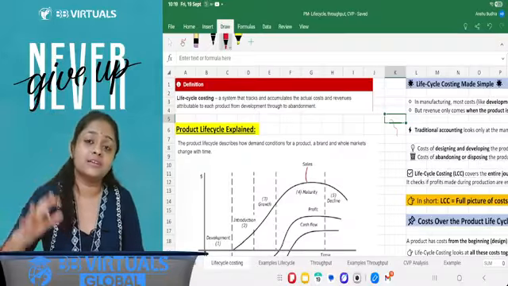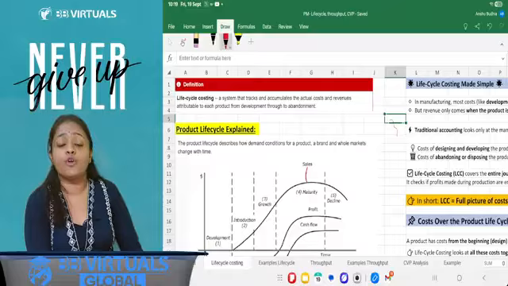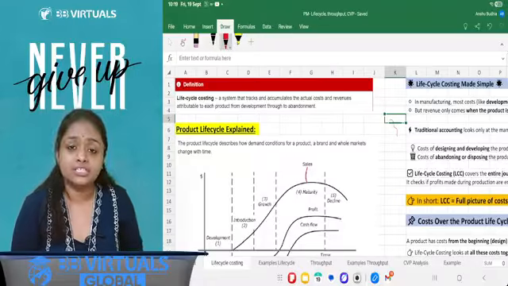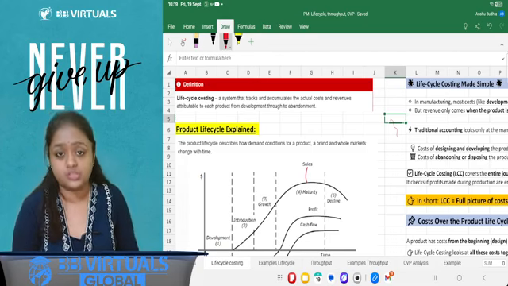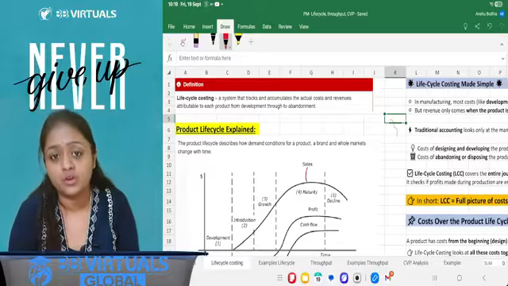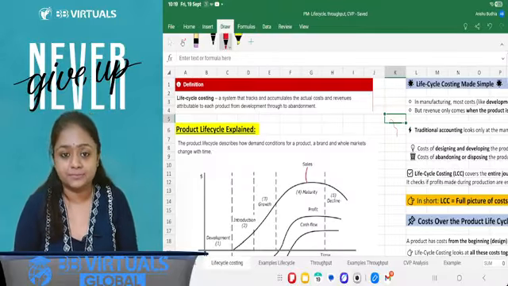Clear? So life cycle costing simply says that whenever any price is fixed for a product, or costing estimations are done, say traditional costing says you prepare the cost sheet for a year, for 2 or so. But life cycle costing says you don't prepare it for a year or 2, you prepare it for the entire life of the asset.